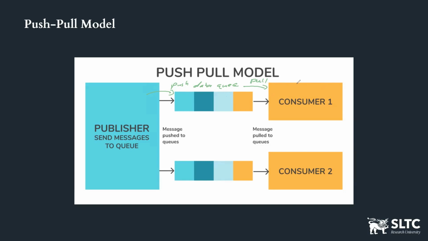So the push and pull functions are independent. They could be using the same rate or else different rates to push the data or pull the data. Actually, protocols like AMQP, Advanced Message Queuing Protocol, use the push-pull model.